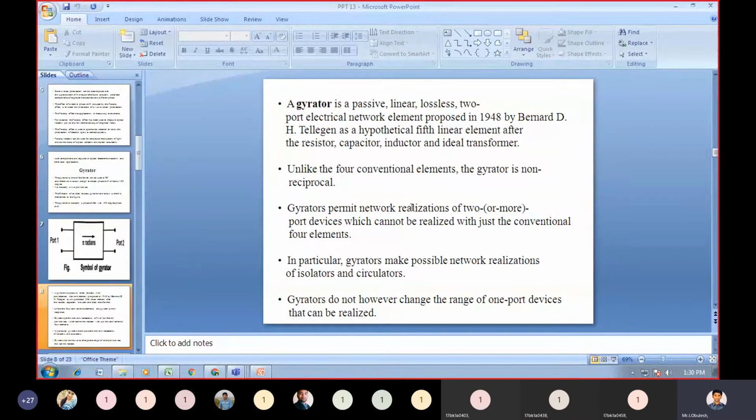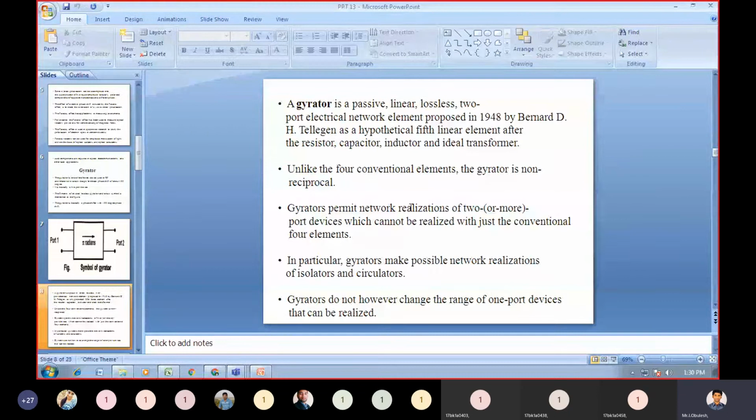And the gyrator permits network realizations of two-port devices which cannot be realized with just the conventional four elements.